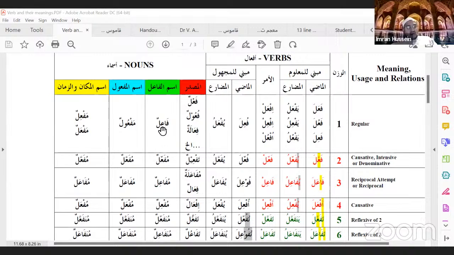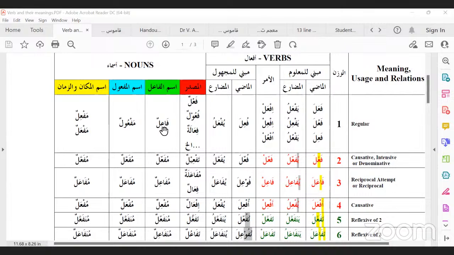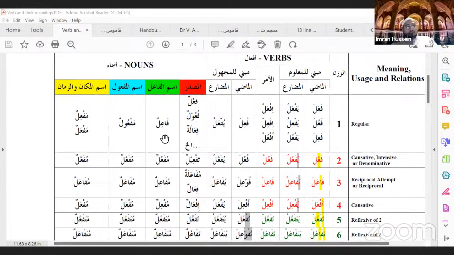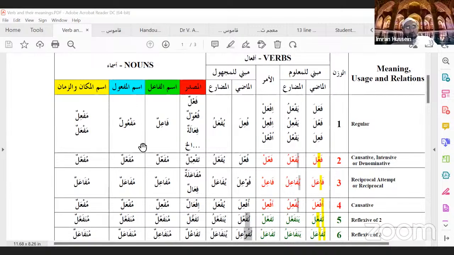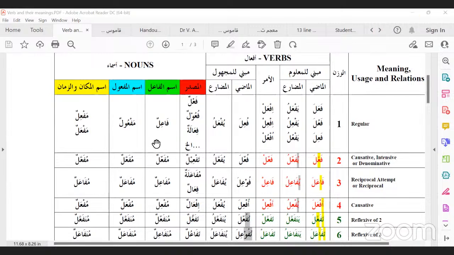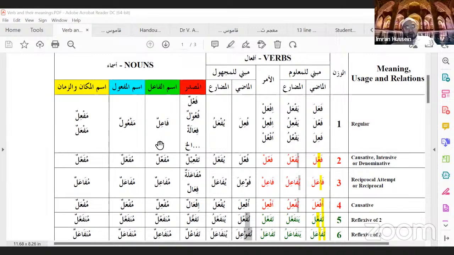So after the fa, ain, lam, you need to add alif and a flat ta. Katibatun. Alimatun. Muslimatun. Now, when it's the tathniya, then it's Muslimani. It does not matter regarding the gender if it is a dual.